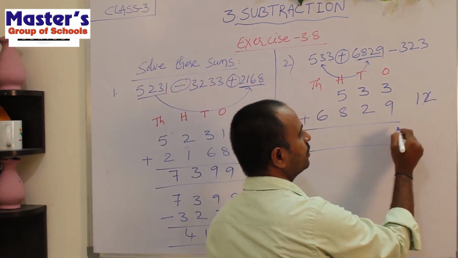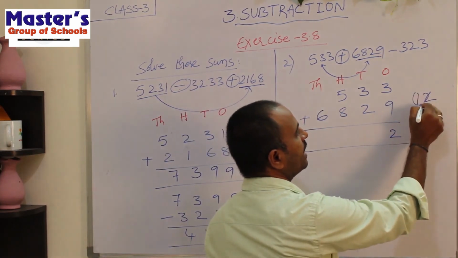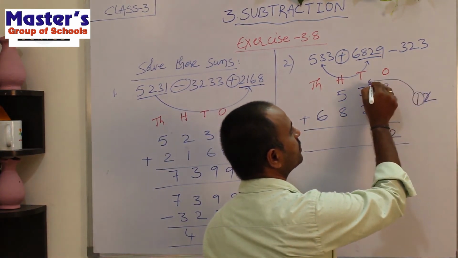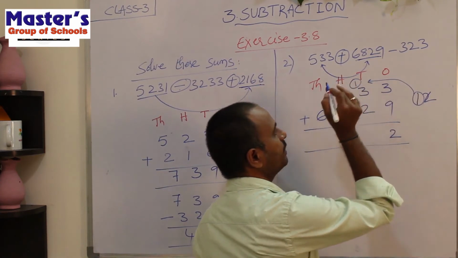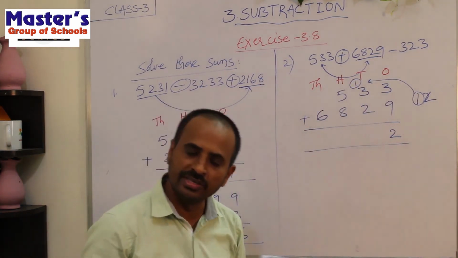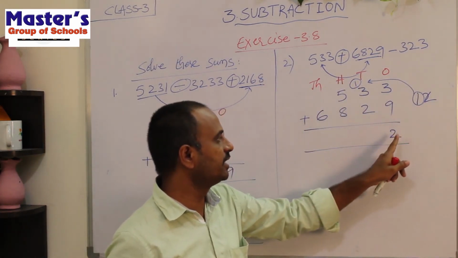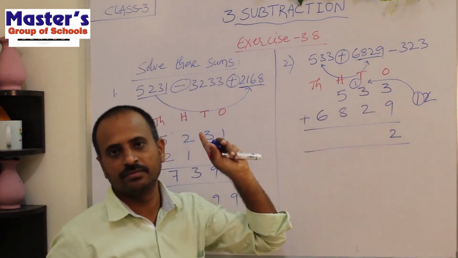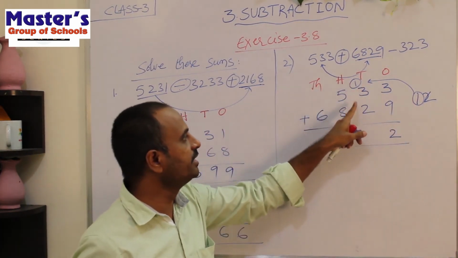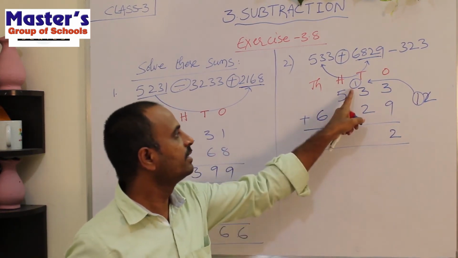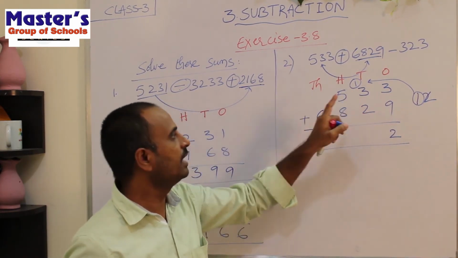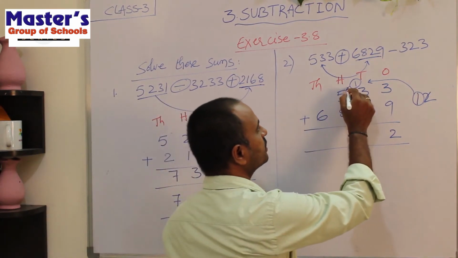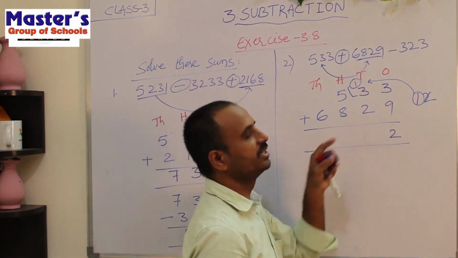So cancel 2, write 2 here and carry 1 to the next place. If the sum has 2 digits, write the second digit in the same place and carry the first digit to the next place. Now there are 3 digits under tens place: 1, 3, 2. First add these 2 digits and add the sum to the third digit.